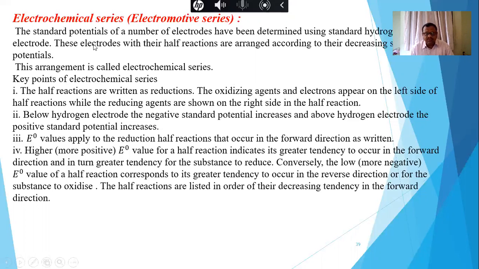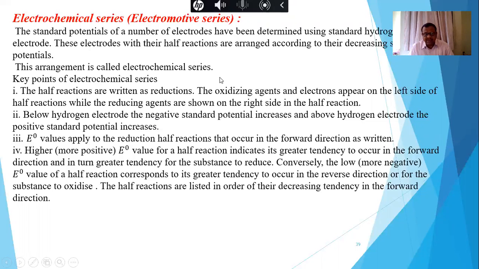As you all know, this is a series of elements in which the standard potential of a number of electrodes have been determined using the standard hydrogen electrode. These electrodes with their half reactions are arranged according to decreasing standard potential. So this arrangement is called the electrochemical series.